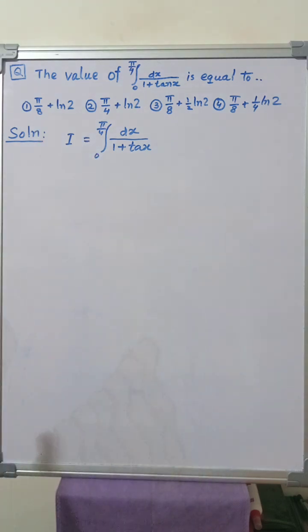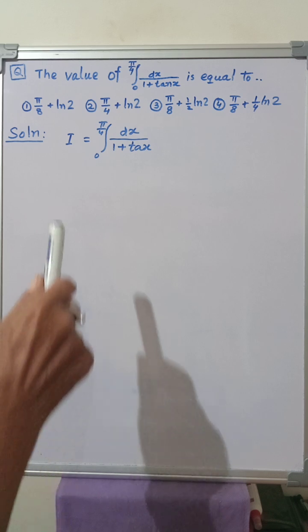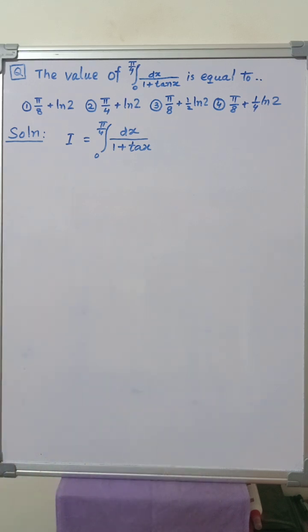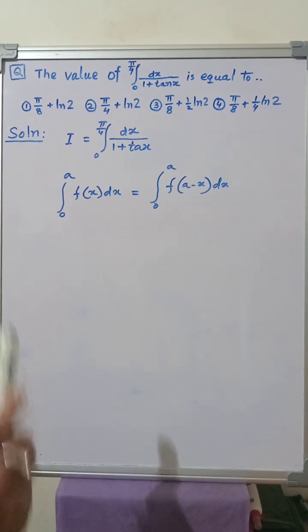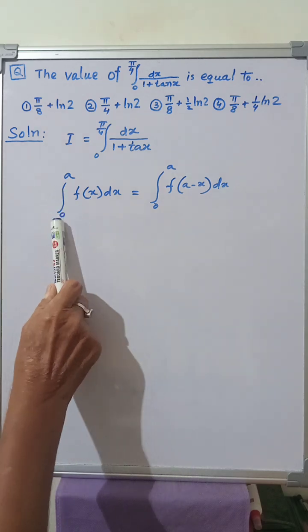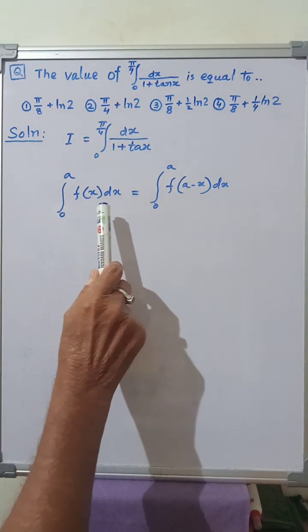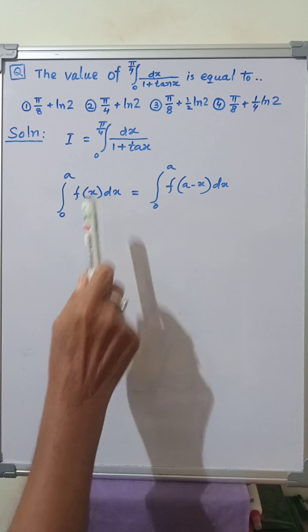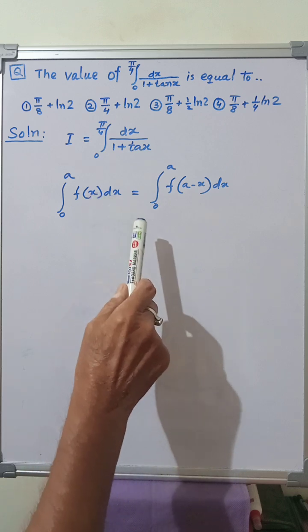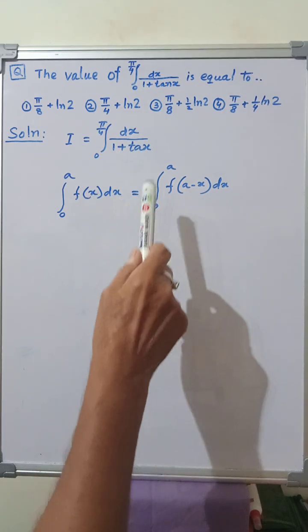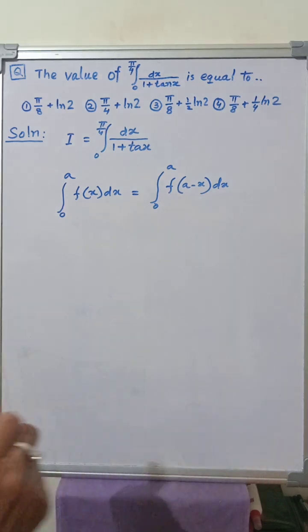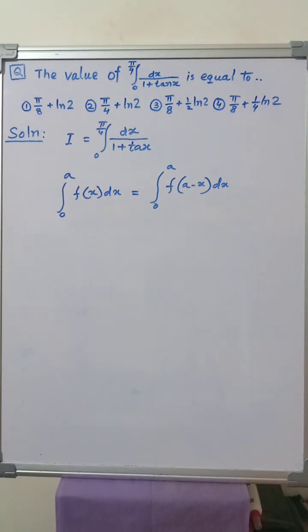Now to this integral we will apply a rule applicable to definite integral. If the given integral is between limits 0 to a of f of x into dx, then it can also be written as integral 0 to a of f of a minus x into dx. We will apply this to this integral.